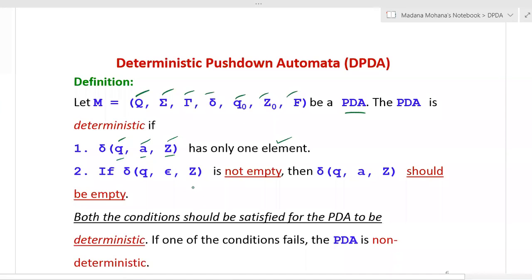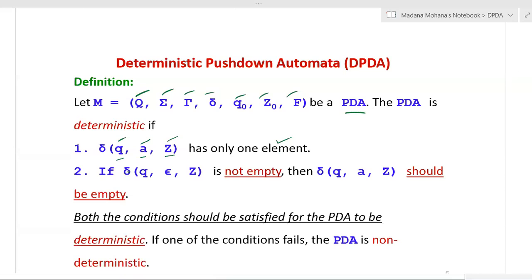That is the condition of a deterministic finite automaton. A similar condition is applicable in the deterministic pushdown automaton also. From a state with the same input symbol and the initial symbol of the stack, it has only one move. That is the condition of the deterministic pushdown automaton.